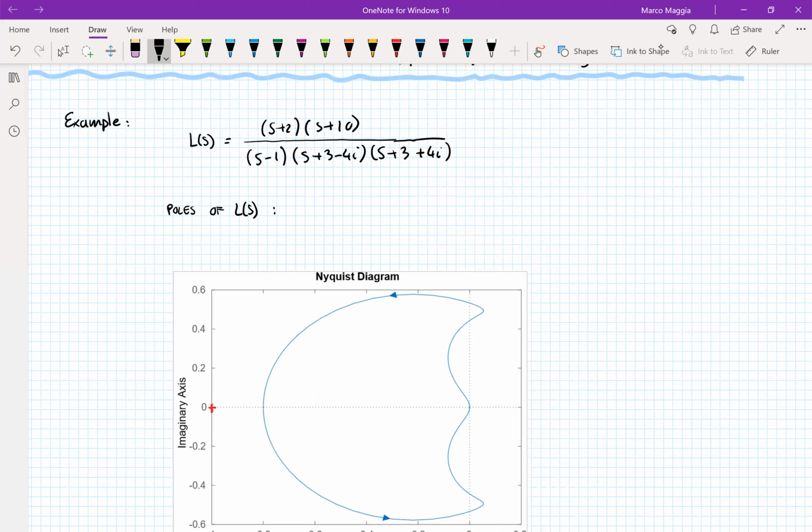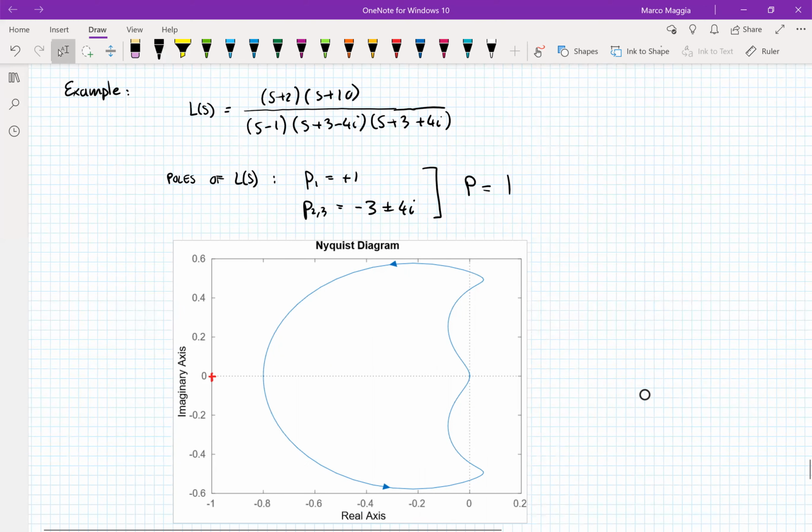Let's count the poles first. What are the poles of L(s)? Well, we have 3 of them. One is plus 1, and the other 2 are minus 3 plus or minus 4i. P is the number of poles with positive real parts, so P is equal to 1.